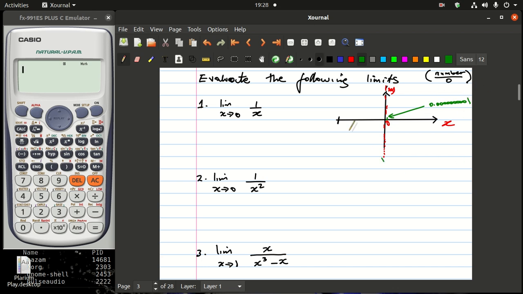So if I were to plug in that number, I would end up having 1 divided by 0.000000001. To remove all these zeros, because there are 10 numbers here, I need to move the decimal point 10 times. So I'm going to multiply by 10 raised to 10.